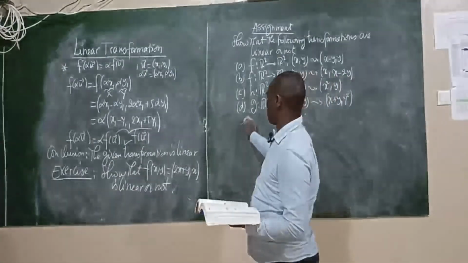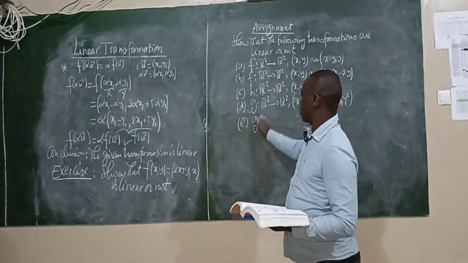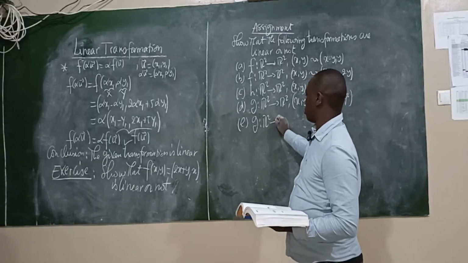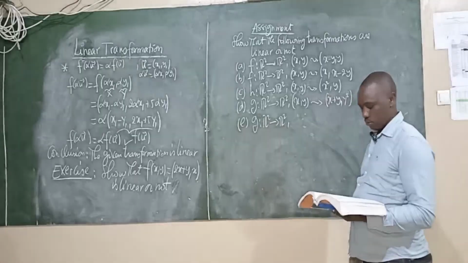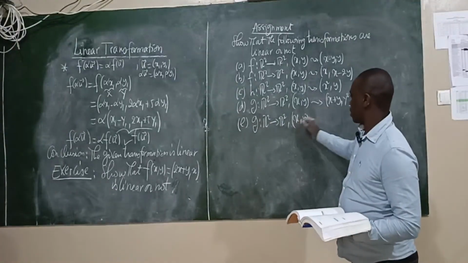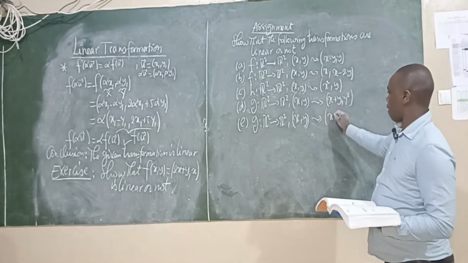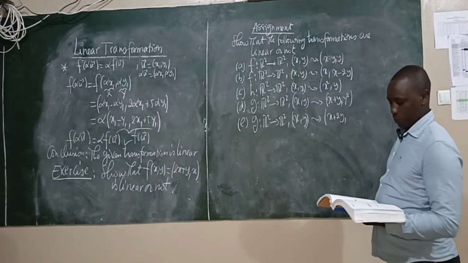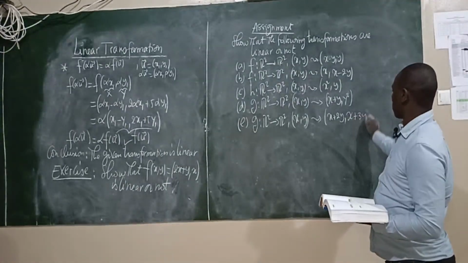The next question, E, is a mapping G that maps L2 to L2 as x, y goes to x plus 2y, comma, x plus 3y.